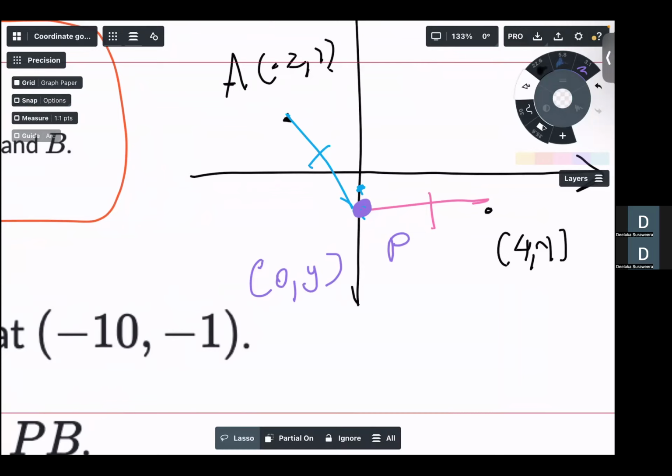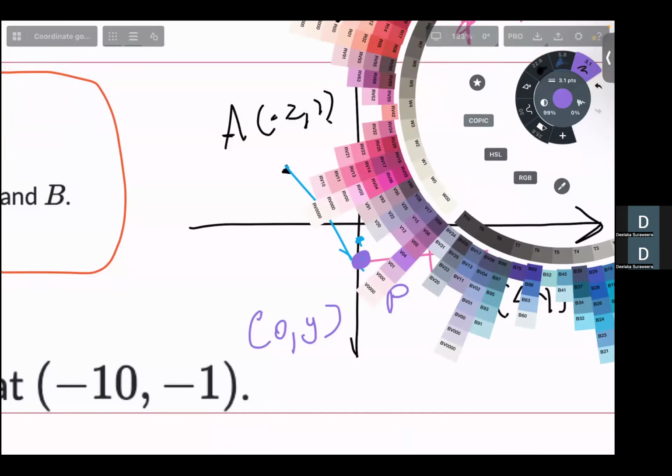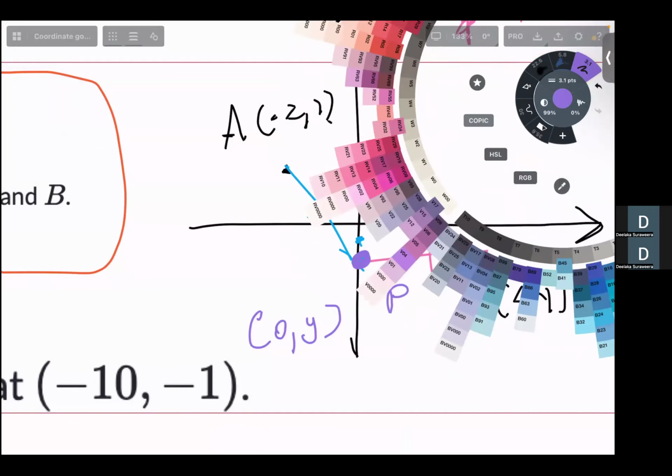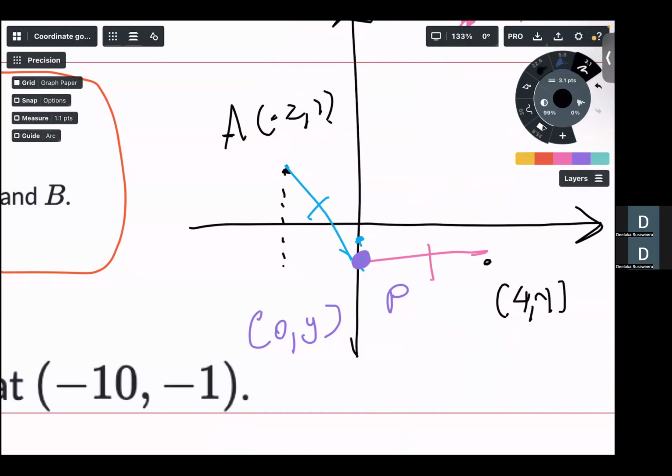Instead of finding the distance as a number, you just calculate the distance as it is between these two. You get some algebraic value because you don't know what y is. Right, so we have no idea what these values are. What's this distance?